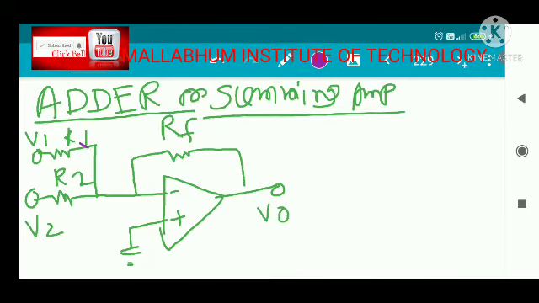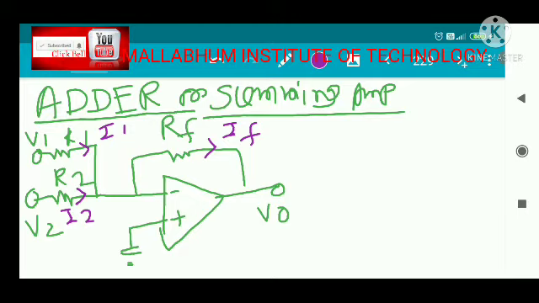Obviously the current flowing through this is I1, the current through this is I2, and the current through RF is IF. The same concept is applied. Just look into the circuit: this is nothing but an extension of the inverting amplifier. The op-amp is ideal, so you can use the virtual ground concept.